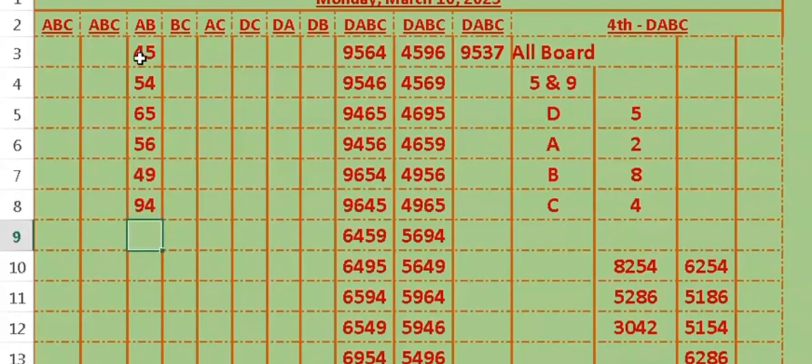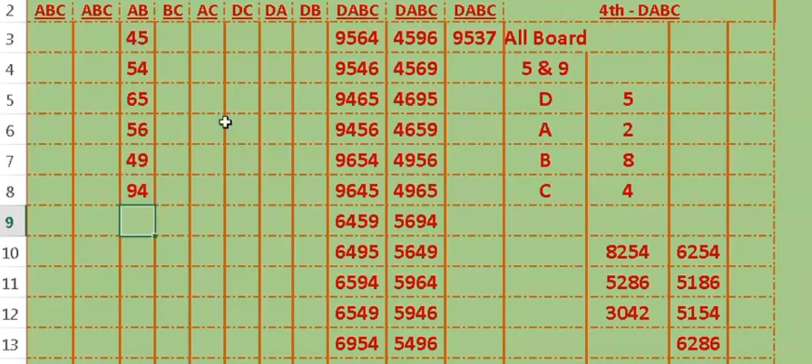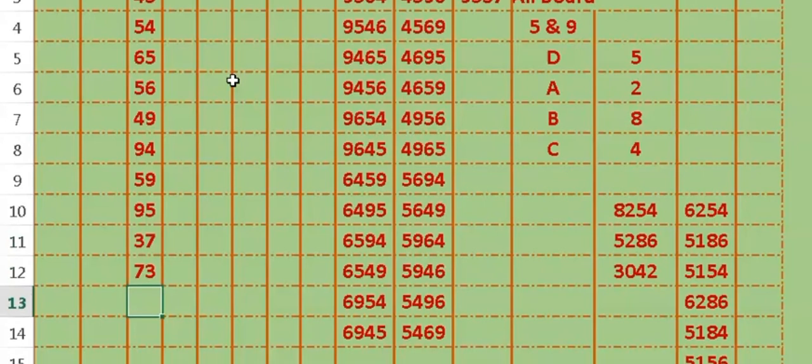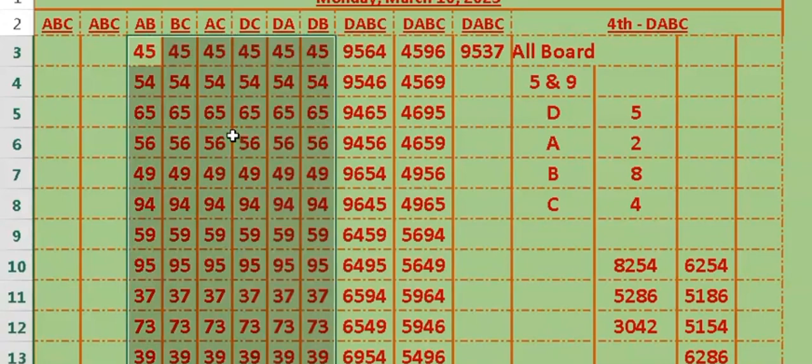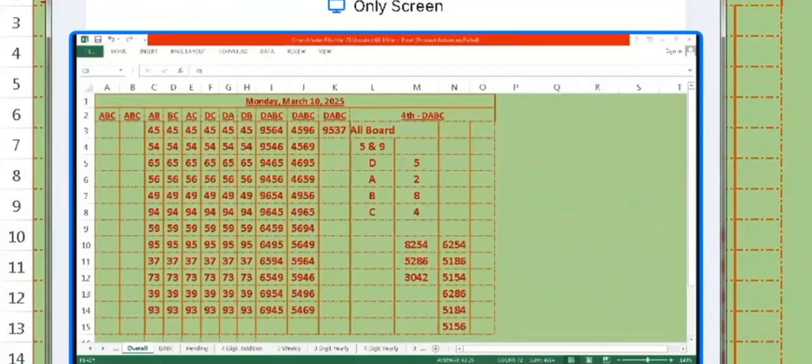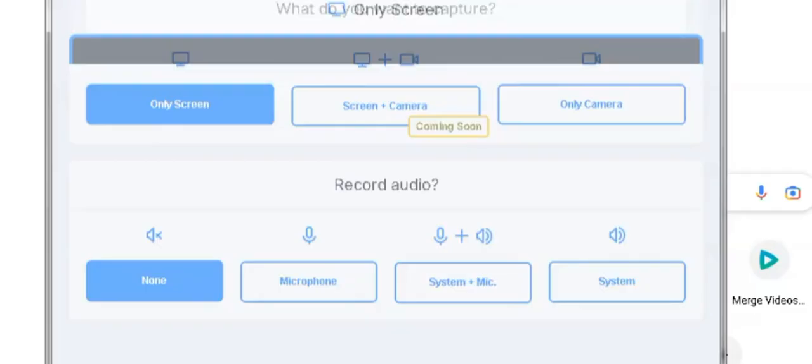You can look at board AB: 4554, 6556, 49, 94, 59, 95, 3773, 9 and 3, 3 and 9. So these are all common for two-digit boards. I'll copy them across the entire six different sequences.